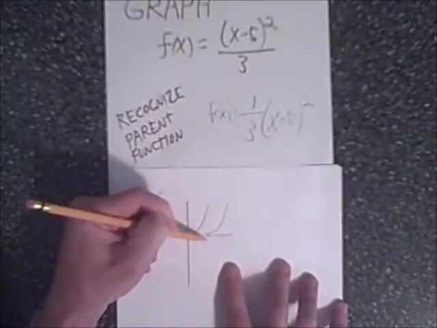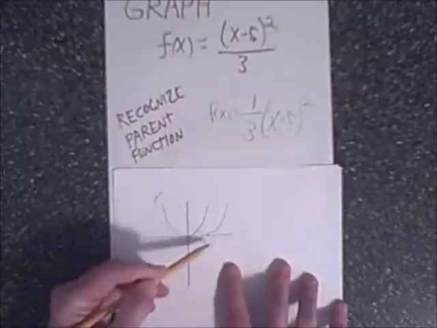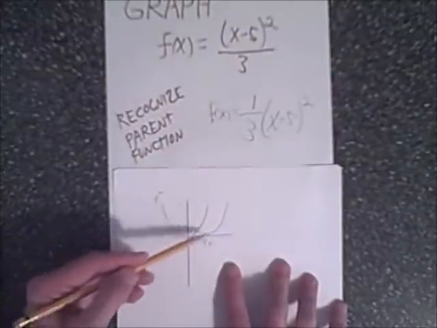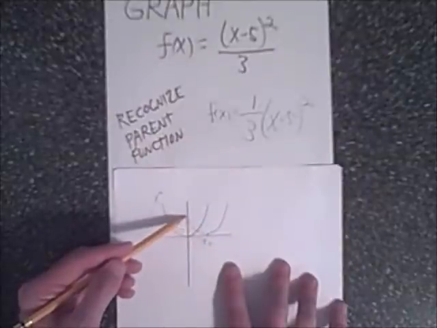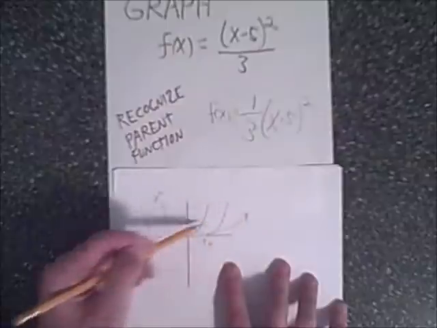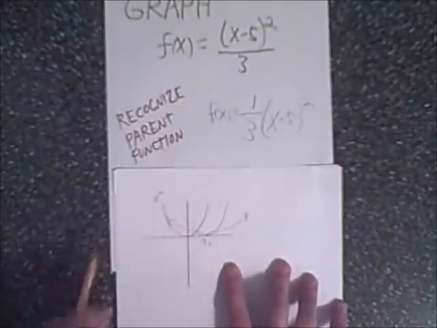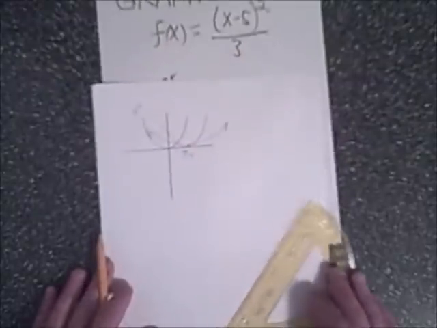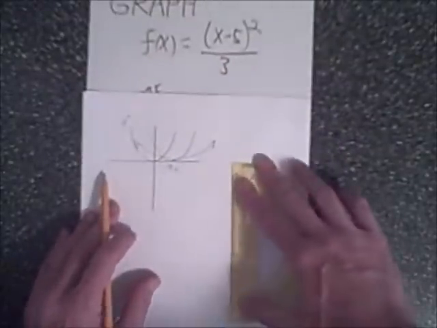So this would be 5, 0. Okay, and then notice too that it's 1/3 of that, which means every one of these outputs, instead of being here, would be 1/3 of that. So it would probably be a wider graph, something like that. Just to keep in mind. So let's actually graph this more accurately.